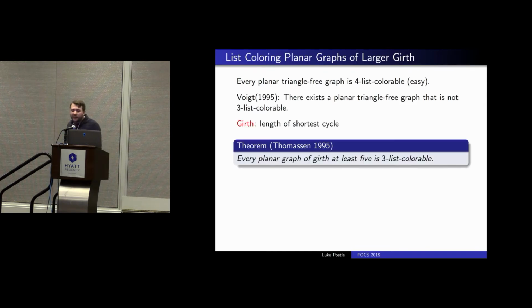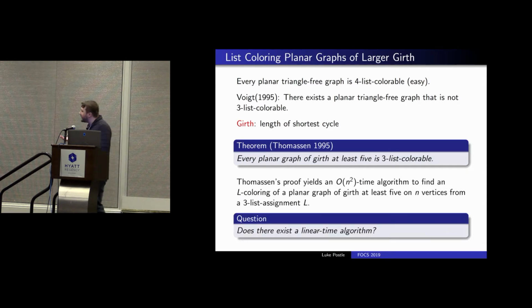However, Thomassen showed that if you exclude triangles and 4-cycles, so that would be planar graphs of girth at least 5, that those are 3-list-colorable. And once again, there's a quadratic time algorithm if you look at the proof. And once again, you could ask, does there exist a linear time algorithm? And again, that main result I showed you says yes, you can do that as well.